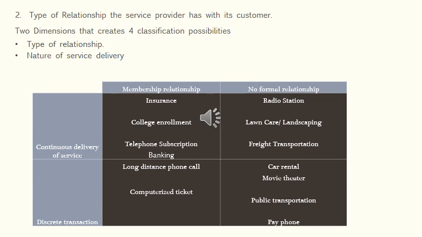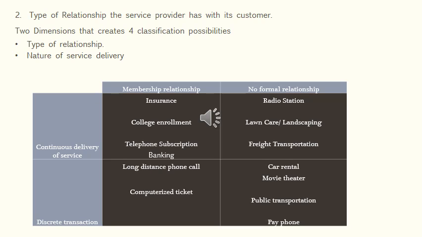The second most important is the type of relationship the service provider has with its customer, which has two dimensions that create four possible classifications: type of relationship and nature of service delivery. The continuous service delivery and discrete transaction can be further divided into membership and non-formal relationship. Membership can be basically insurance, college enrollment, telephone subscription, banking, which is continuous service delivery.